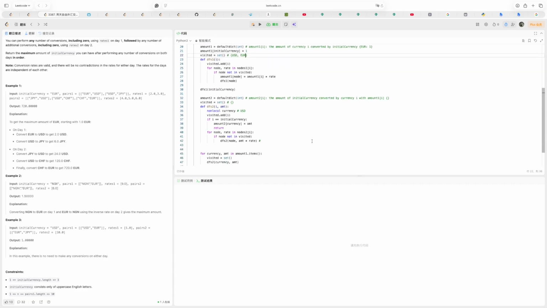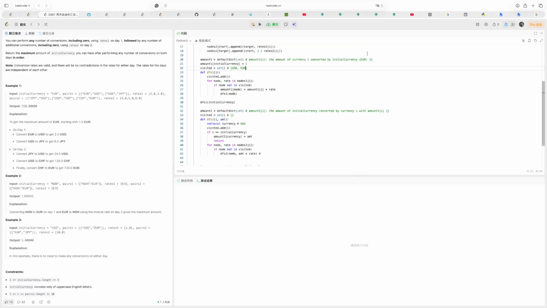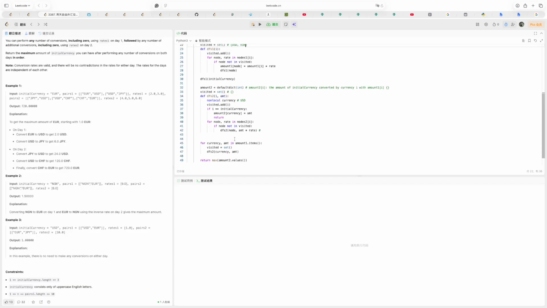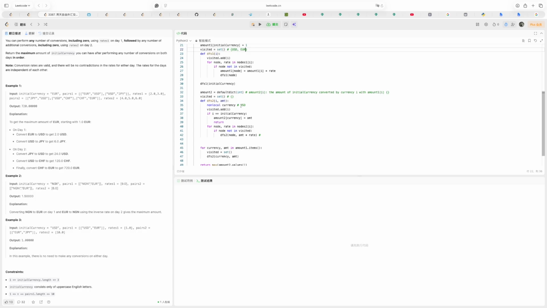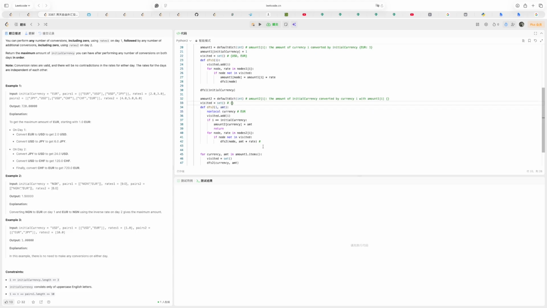And then on day 2, we will use this for loop with the amount 1. So we'll start with euros with amount 1. Okay, we will add it to the visited set.